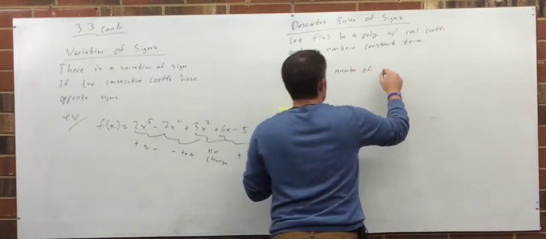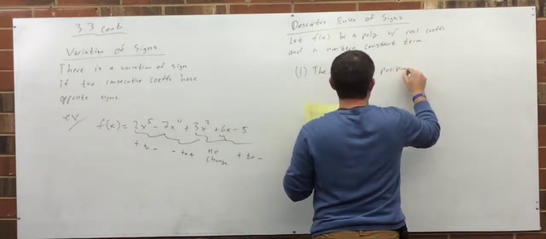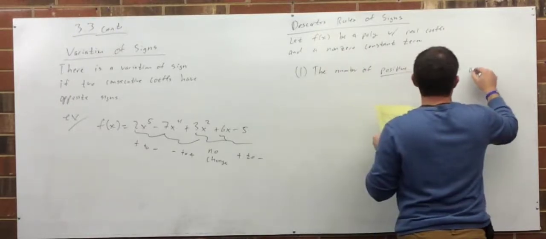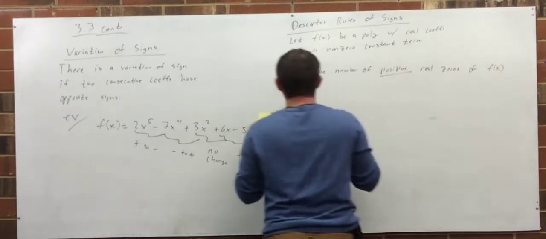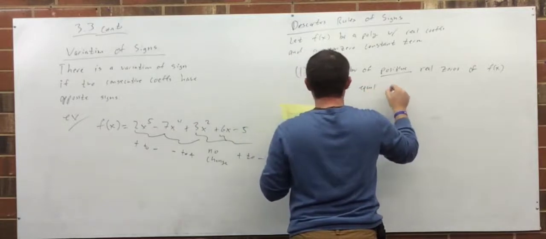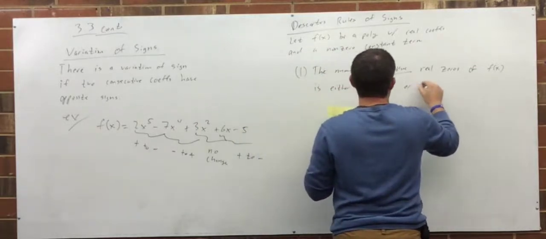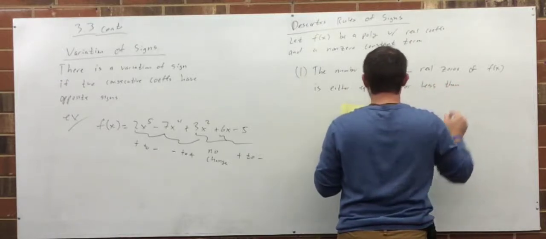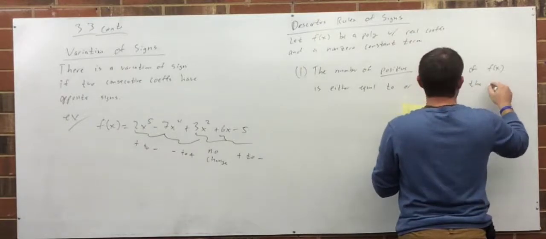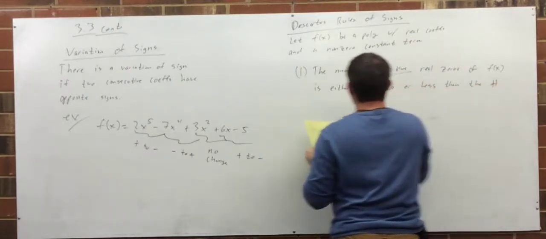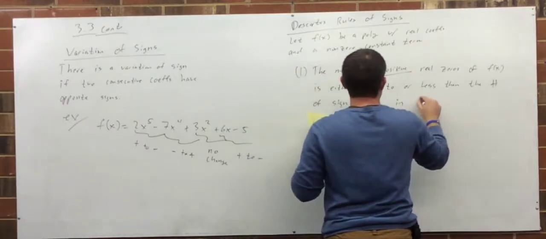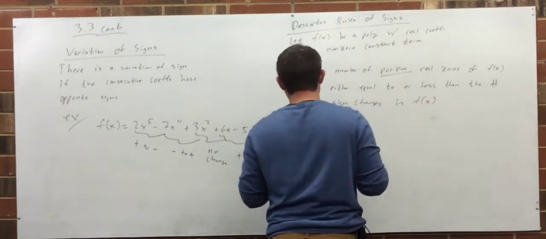The number of positive real zeros of f of x is either equal to or less than the number of sign changes in f of x.